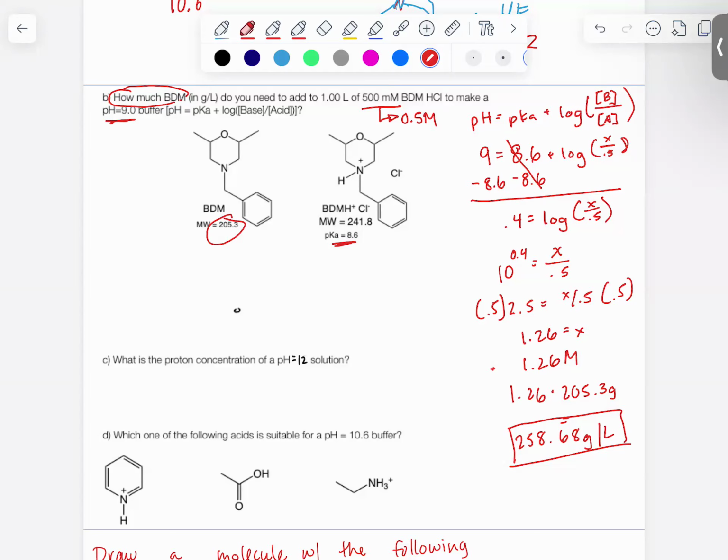That would change how much VDM you need at the end. You would multiply by 3, because this is how much you need for 1 liter. If you were doing 2 or 3 liters, you would multiply this to get how much you need for 2 or 3 liters.